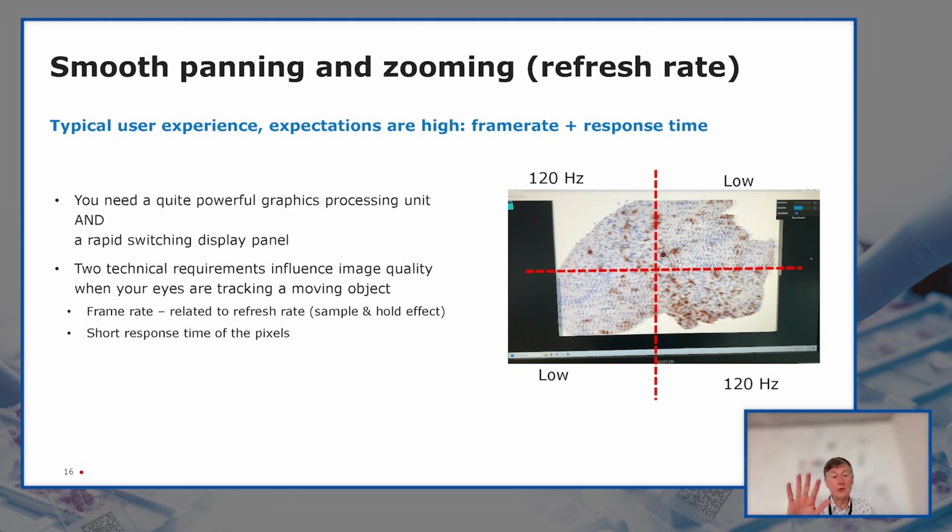You don't want any latency when you move these images around, and that's exactly why you need a display with a high refresh rate. And not only the display, the graphic board also has to support that. If you move images around, you want it to be smooth, the same and a similar experience as if you review a physical slide under the microscope.